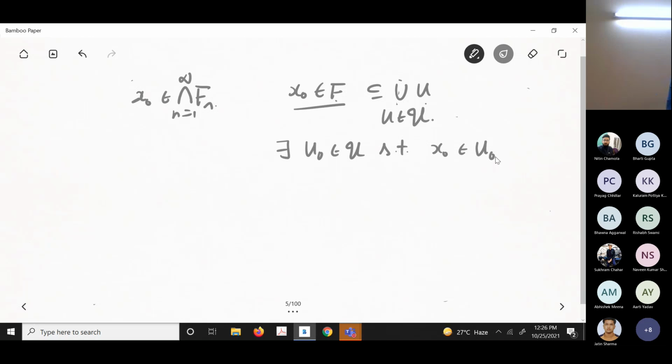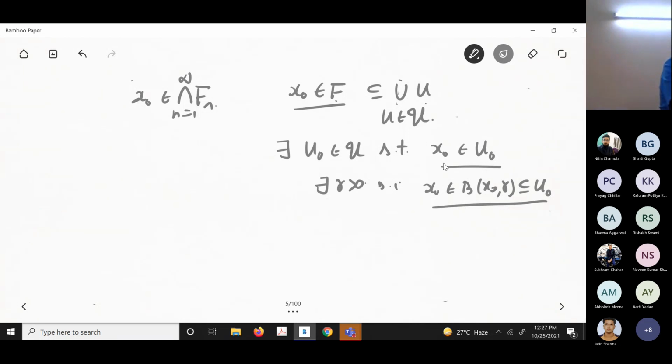But in a metric space, U naught is open. So there exists R greater than 0 such that x naught belongs to the ball B(x naught, R) contained in U naught. This I get because U naught is open, so x naught is an interior point.